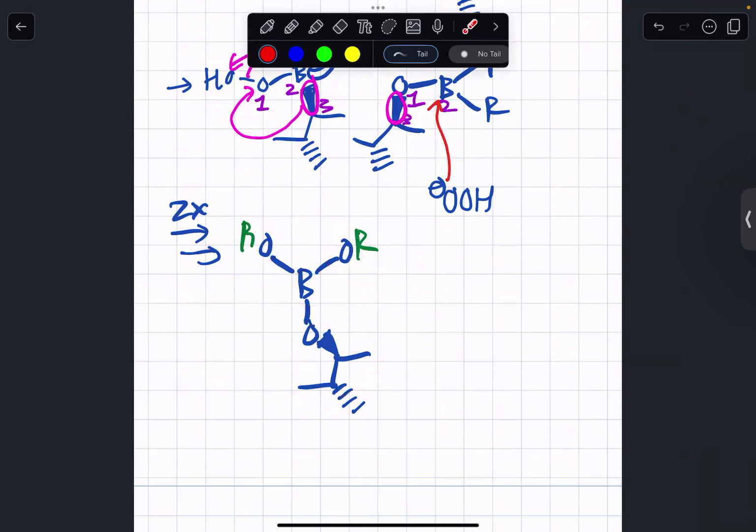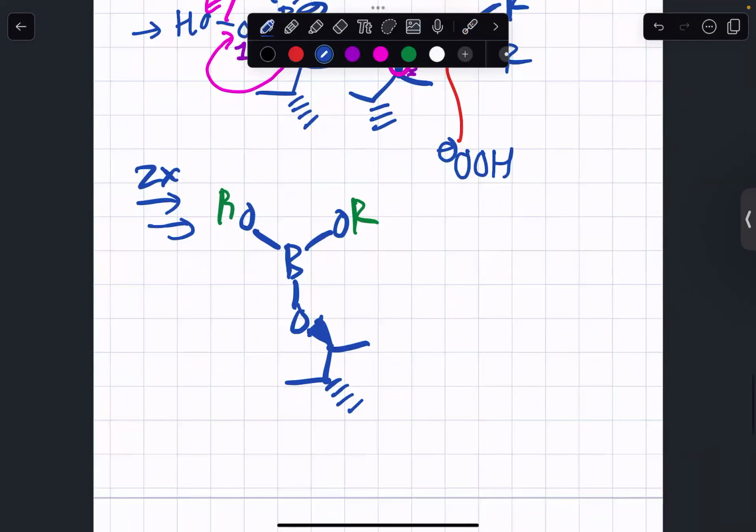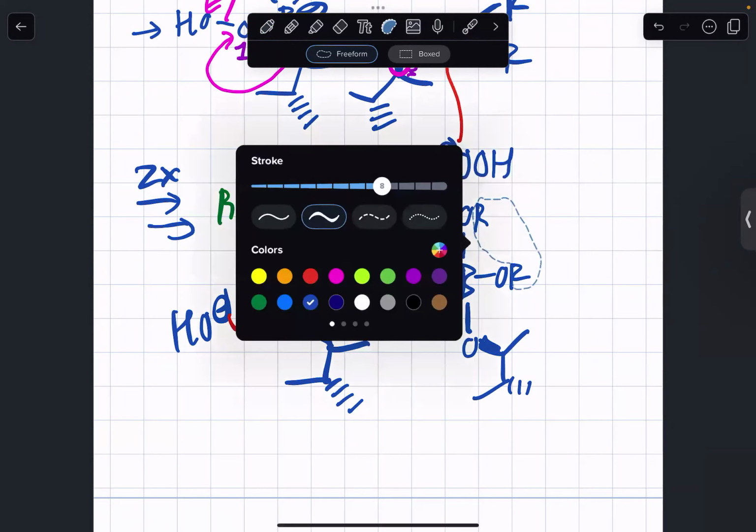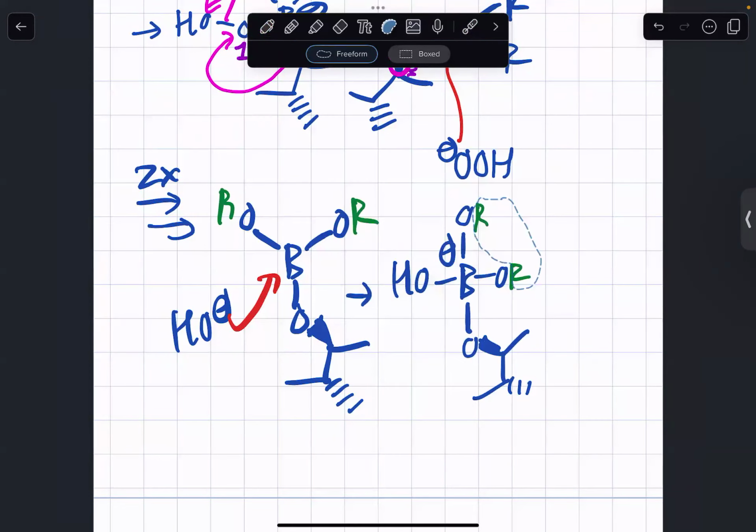right? Now, once we have done that, the hydroxide ion, HO minus, is going to attack that boron. And now we are going to have this boron with 4 bonds and a negative charge. Right? Where one of the OR groups is just going to leave.